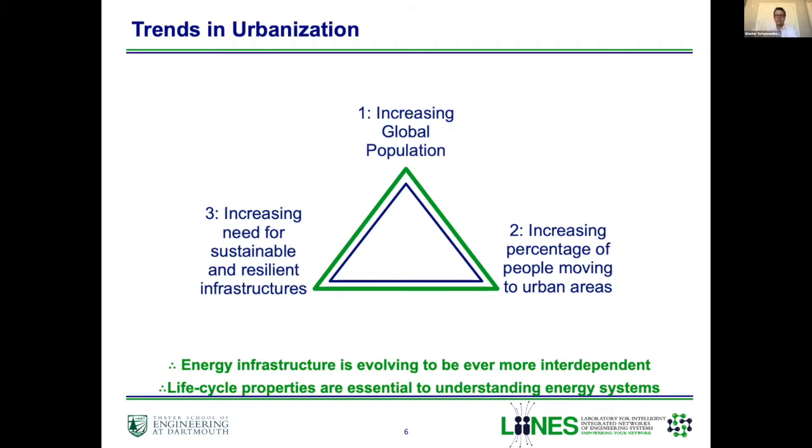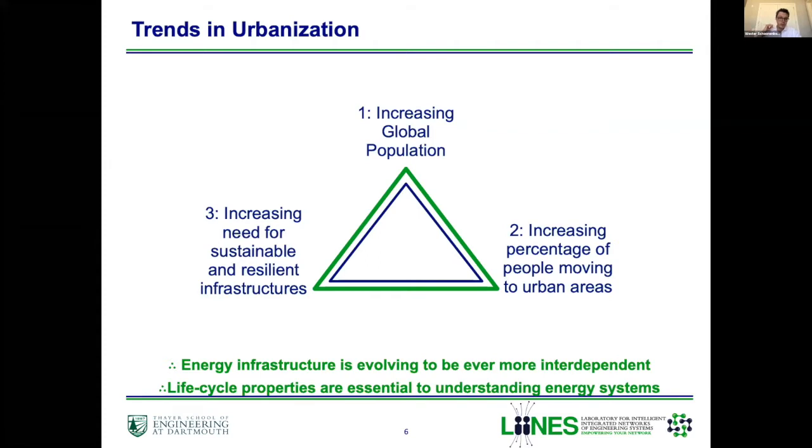There's an increasing percentage of people that move to urban areas, and there's an increasing need for sustainable and resilient infrastructure. The majority of megacities in the world are located in coastal areas, and so these areas are prone to hurricanes and flooding. And so we need to figure out how to make all of this infrastructure and these urban areas more resilient and sustainable.